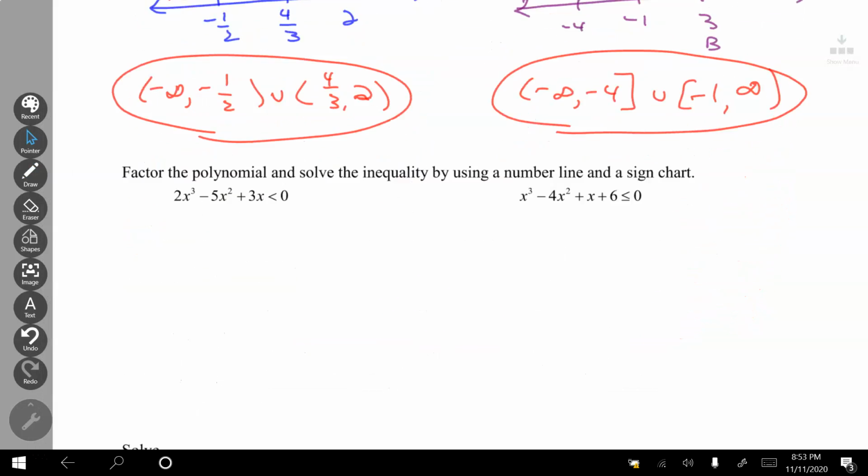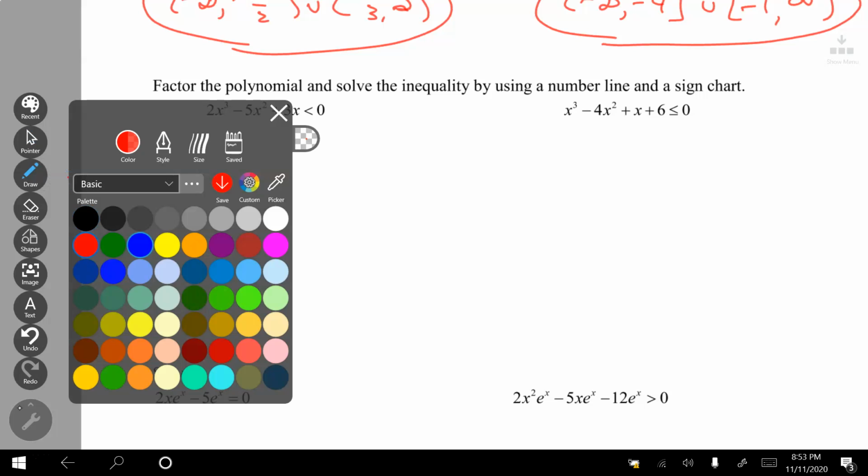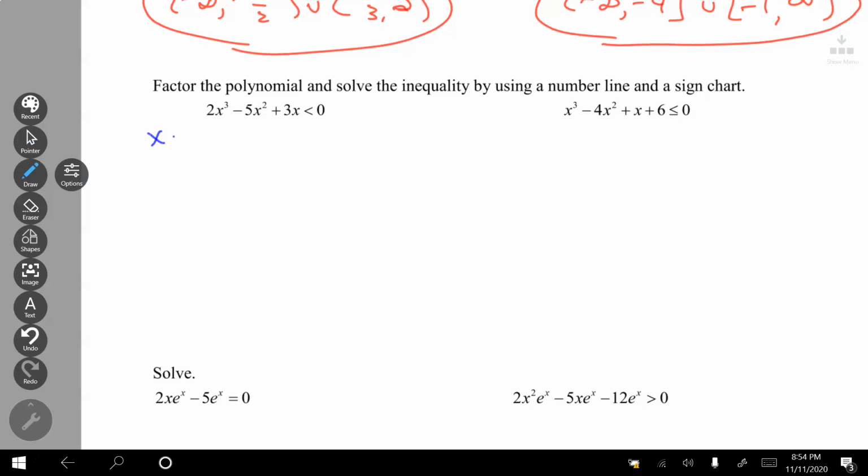Well, now I maybe have more difficult ones here. The first thing I should realize is that it's an x cubed problem. When I factor this, I can take an x out. I get 2x squared minus 5x plus 3.